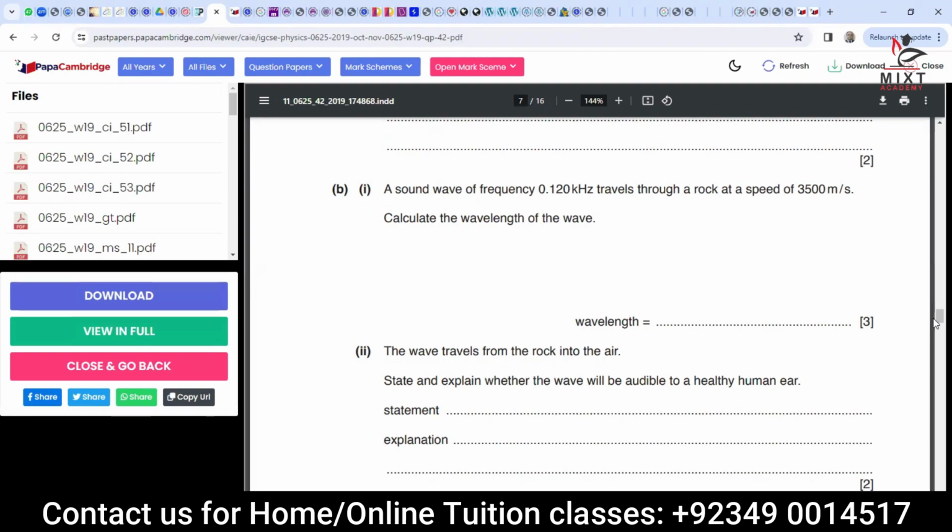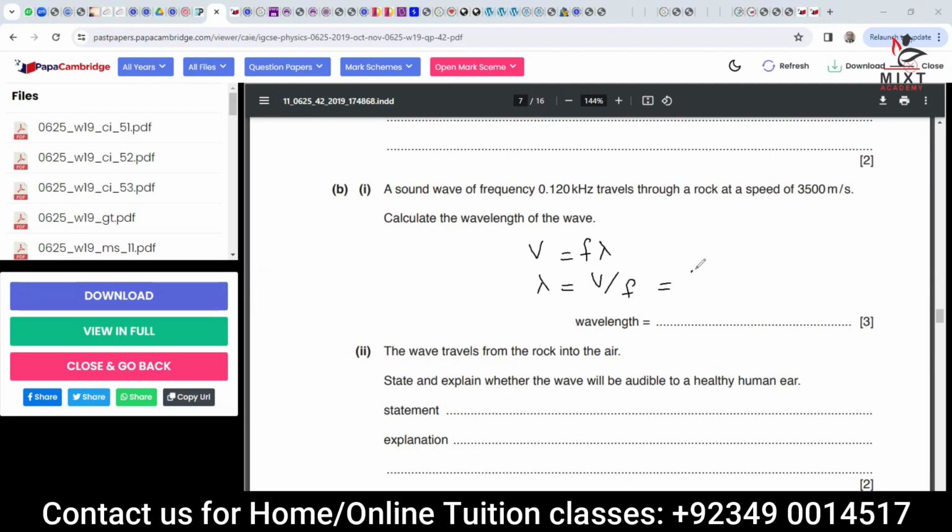Ibrahim? Sir, V is equal to frequency times lambda. That is the formula. Now lambda will be equal to V upon F.